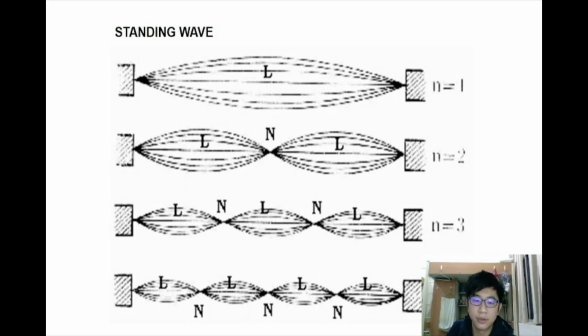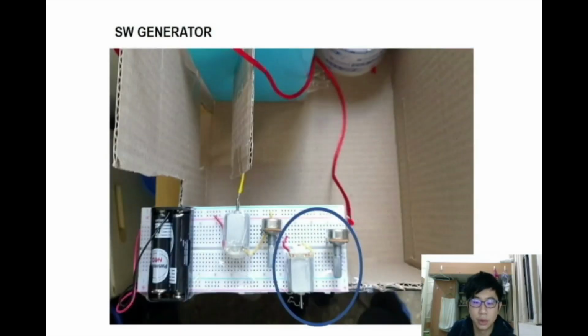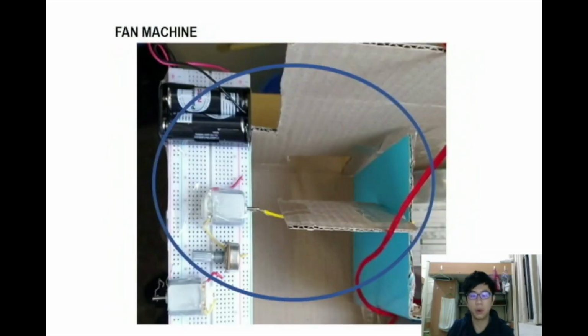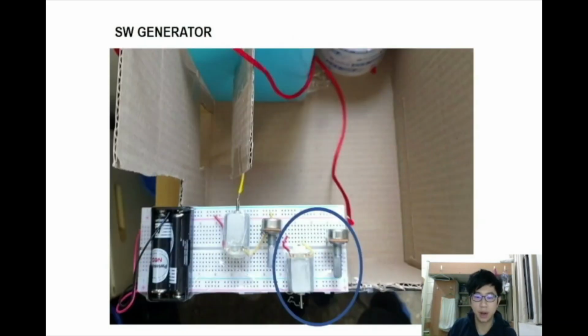And also we make a fence machine to cooperate with the photoresistor to generate periodic waves. And our machine is like this. And this is in the beginning, we made a standing wave machine.